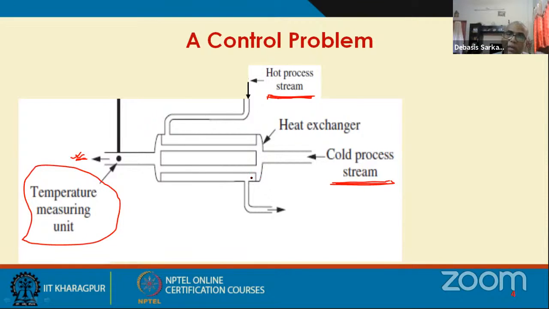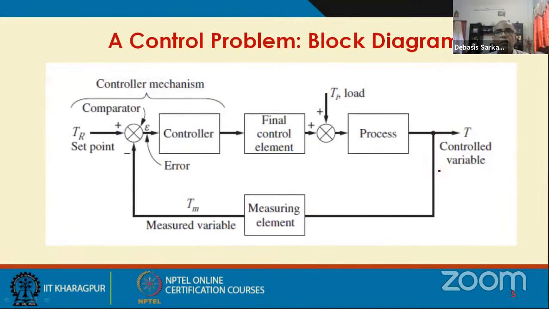Here the control variable is the temperature of the cold process stream. So let us look at the block diagram first that you are familiar with. So the process sits here in this block. This process is nothing but the heat exchanger that we have seen in the previous slide. And this is the temperature of the outlet stream coming from the heat exchanger, which needs to be maintained at a desired set point.